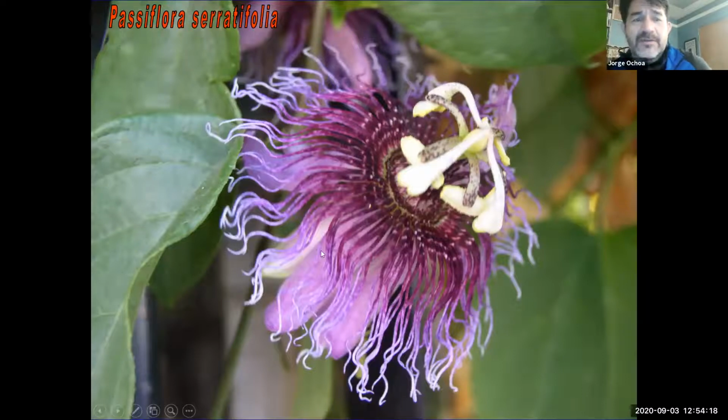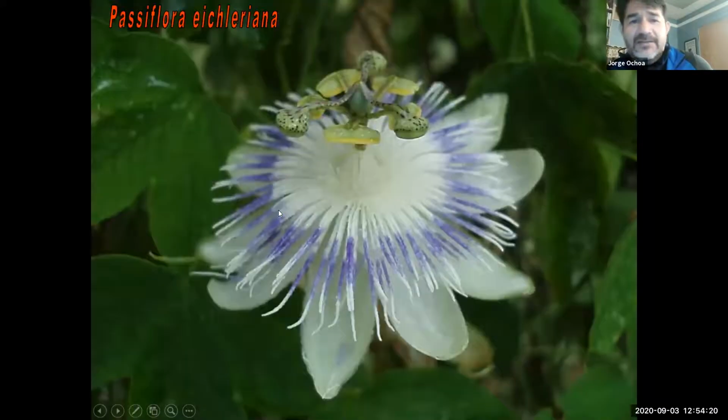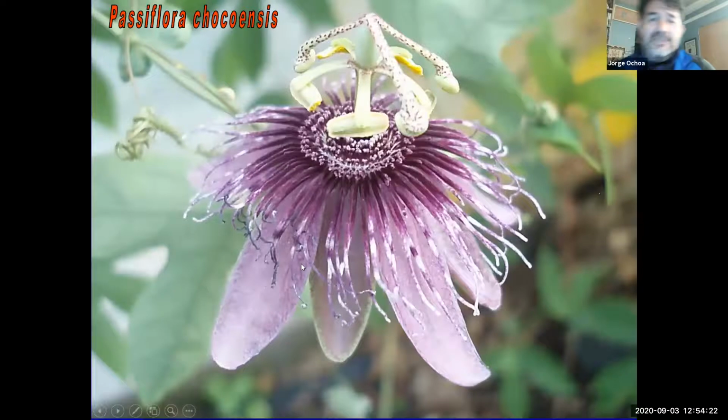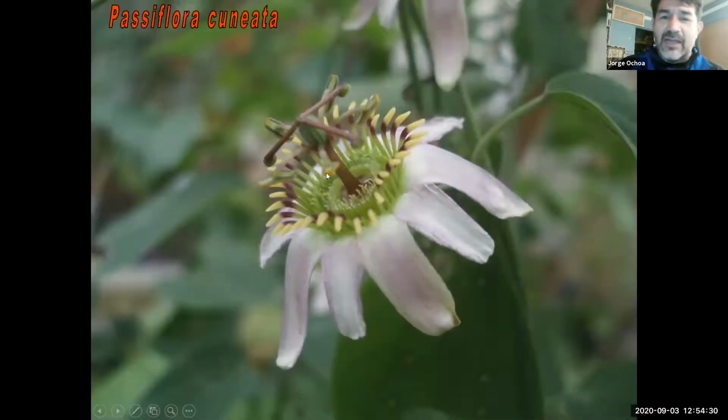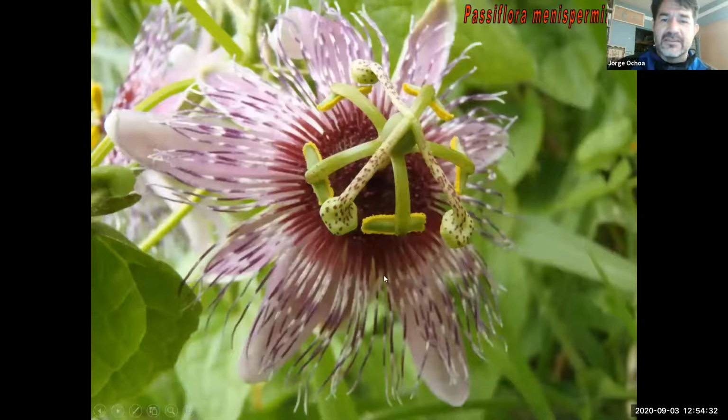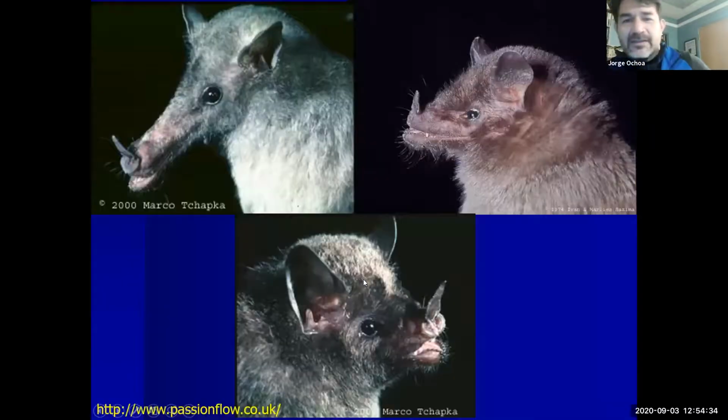And so we have a few other examples of passion flowers that are insect pollinated. Notice we now have the landing platform. So the corona filaments will be the place for the insect to land, or the corona filaments here, or if there's one. And so the last group is going to be bats.